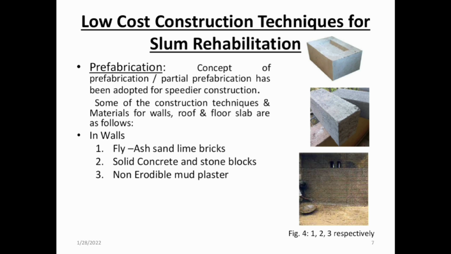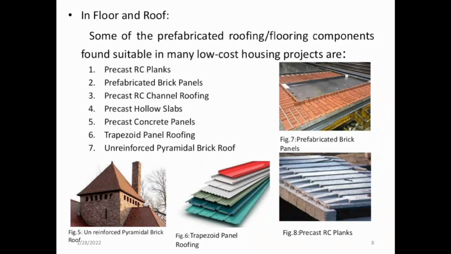The maintenance cost is low due to enhanced durability of mud walls. In floor and roof, some of the prefabricated roofing or flooring components found suitable in many low-cost housing projects are mentioned below: precast RC plank, precast brick panels, trapezoidal panel roofing, etc.